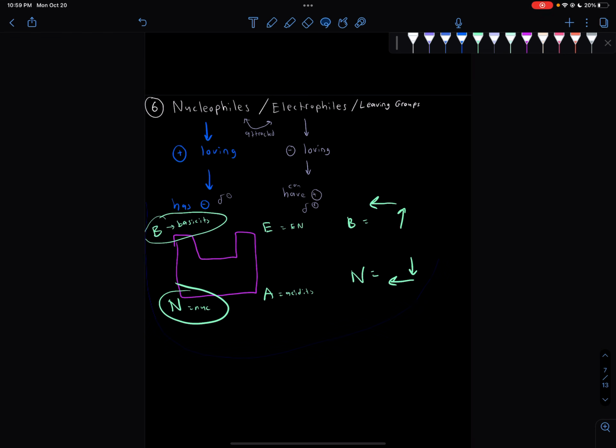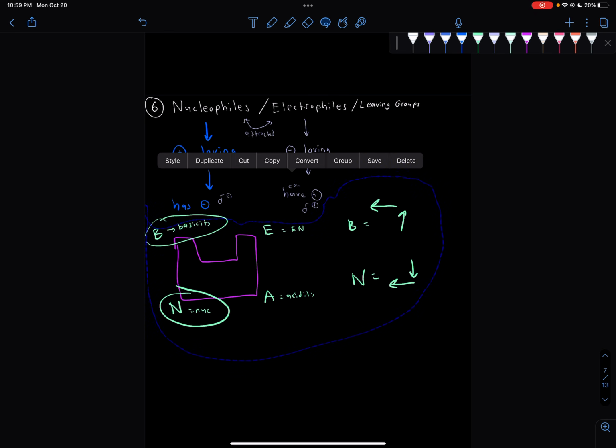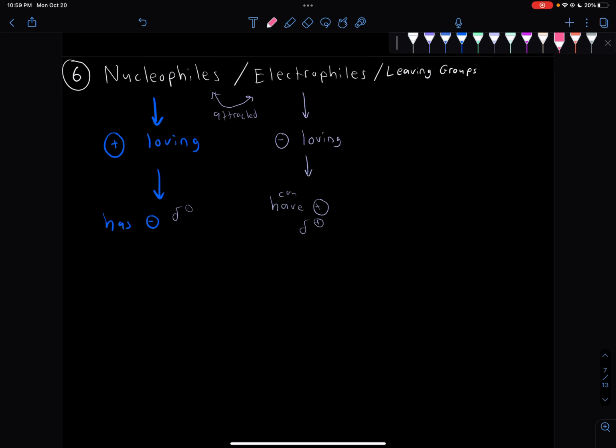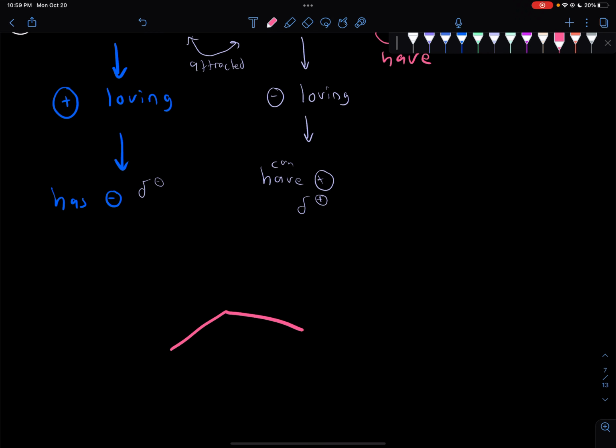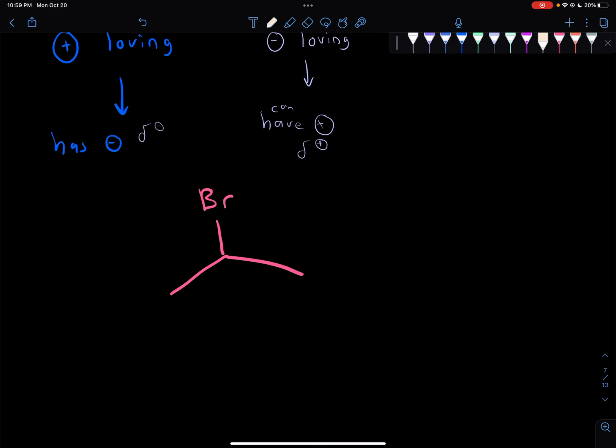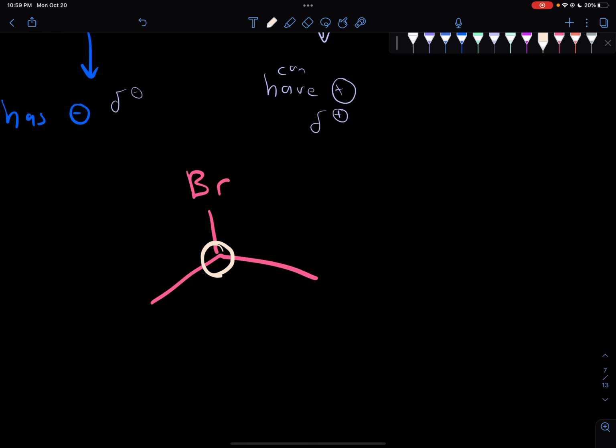Okay, now let's talk about leaving groups. Leaving groups and electrophiles can be the same thing, right? So electrophiles have leaving groups. So if you have this, it is an electrophile, but when we say electrophile, we're very specifically talking about the certain atom that's electrophilic.